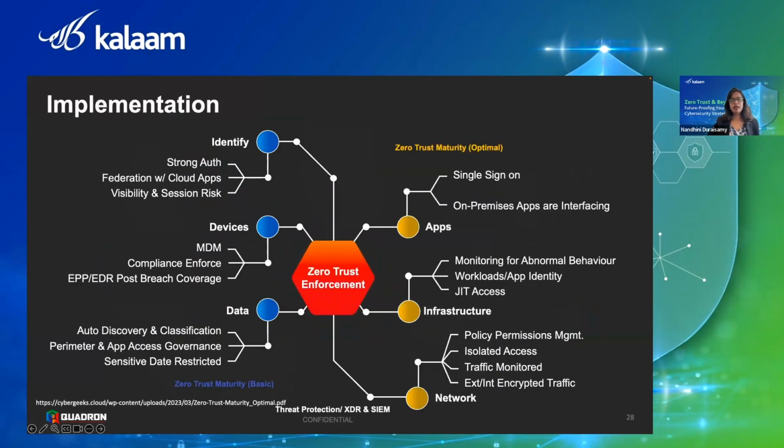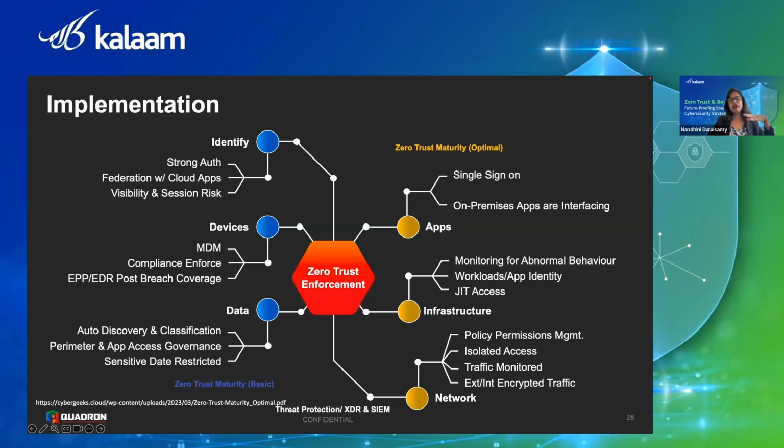If you see a simple implementation, this is from one of Microsoft's ways of implementing. On the left, you can see zero trust, which is a basic model of how you can implement. For identity, you have strong authentication and federation with the cloud apps. For the devices, you can use MDM, endpoint protection, or EDR. For data, you use auto discovery, like Azure Information Protection or a Symantec DLP solution.